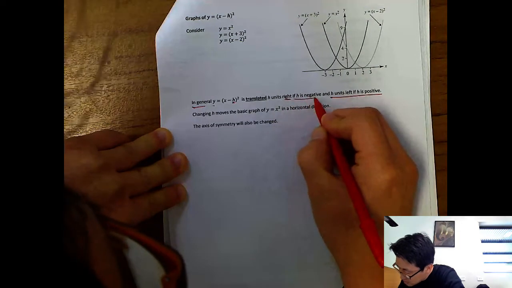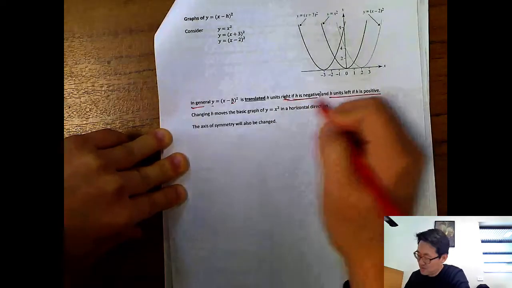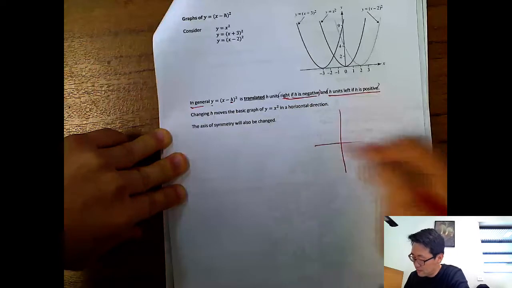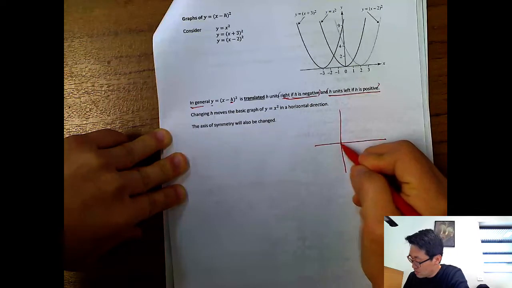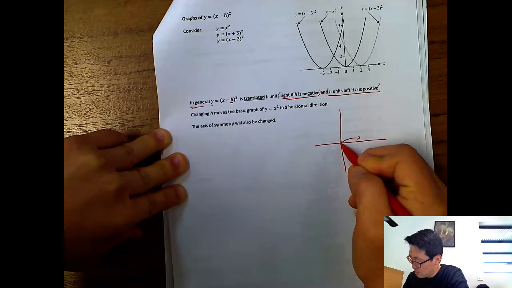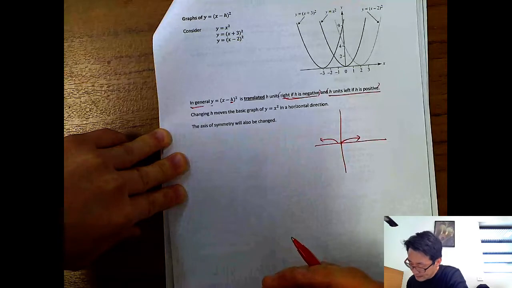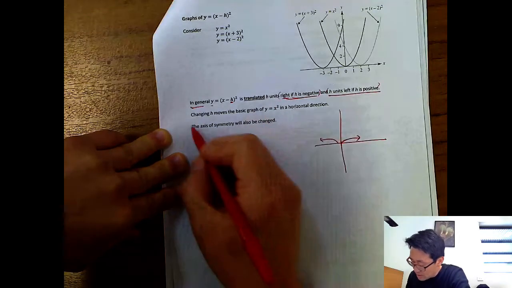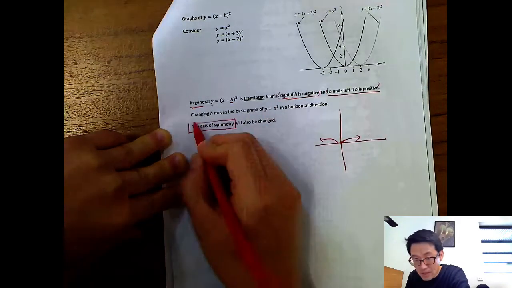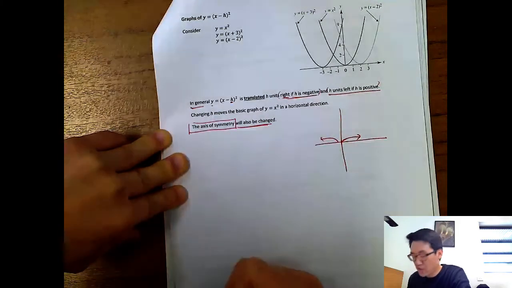Oh yeah, sorry, I talked about that, didn't I? So negative and positive, opposite way. We talked about that. And in this case, the axis of symmetry will be changed.